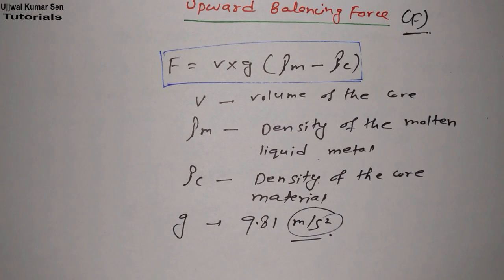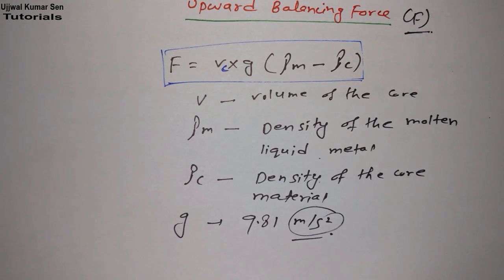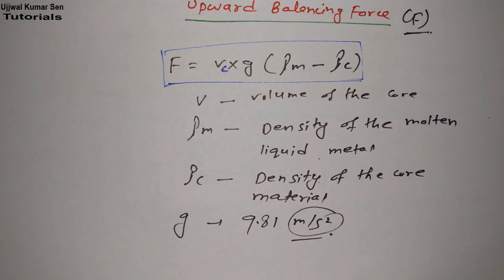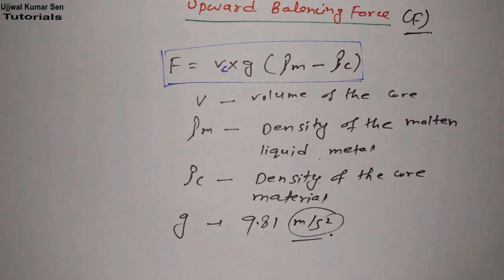It is V, the volume of core, not velocity, it's volume of core, times g, acceleration due to gravity, times rho m minus rho c, that is the density of molten liquid metal minus the density of the core material. So this is all about upward balancing force, and I have also shown you how to solve the numerical problem.